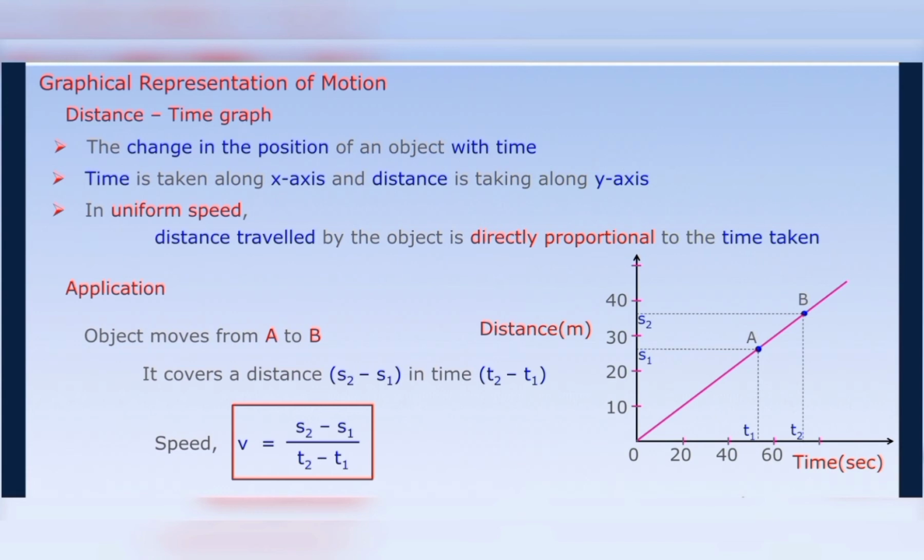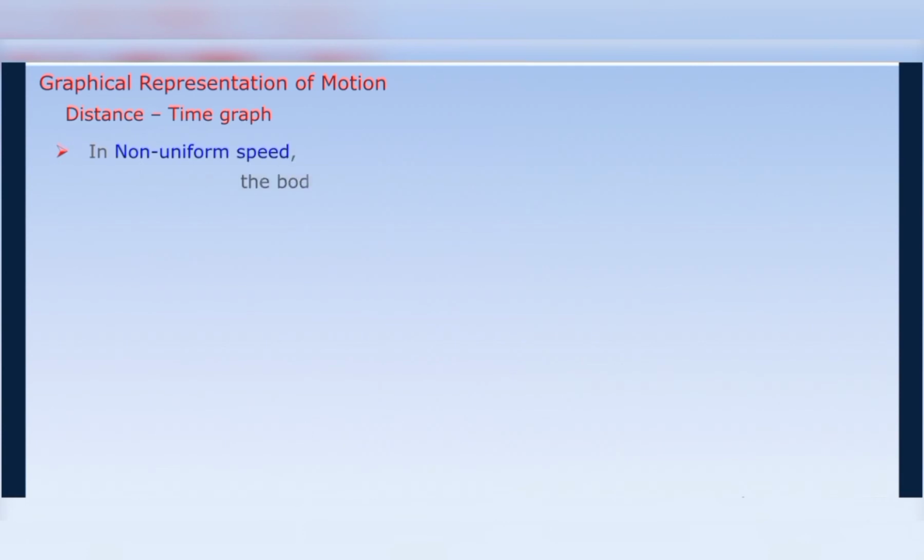Basically, slope is nothing but just a ratio of y-axis divided by x-axis. In other words, the slope of a distance time graph indicates speed. Hence, we can use a distance time graph of a body to find the value of speed of the body.